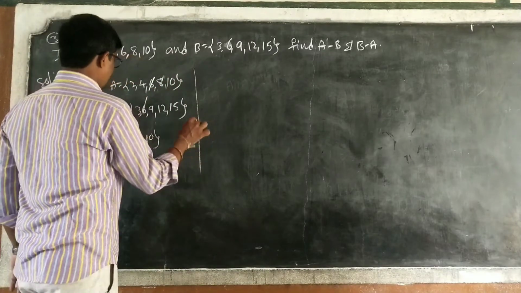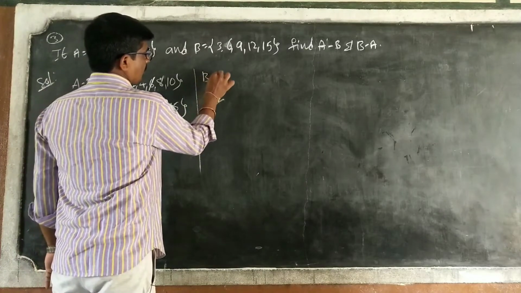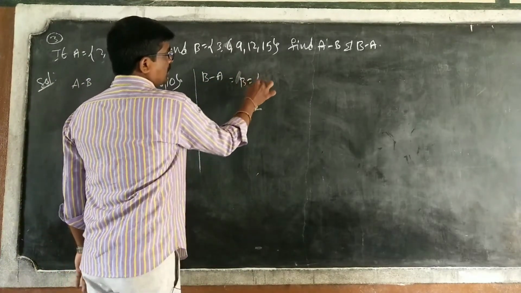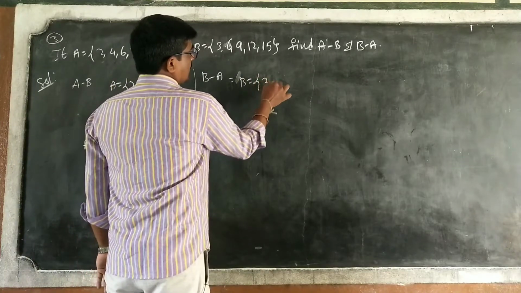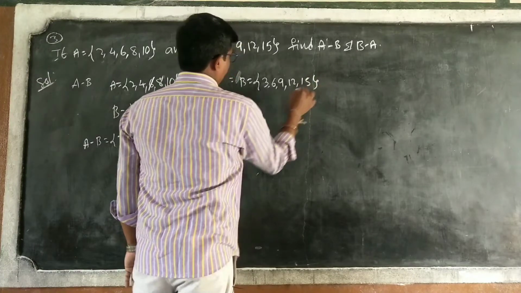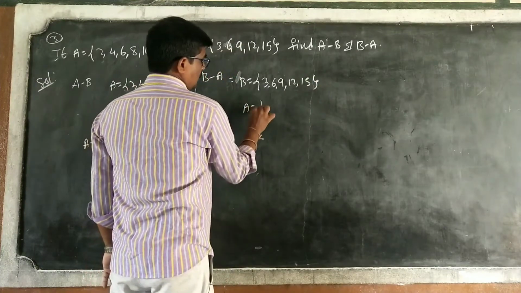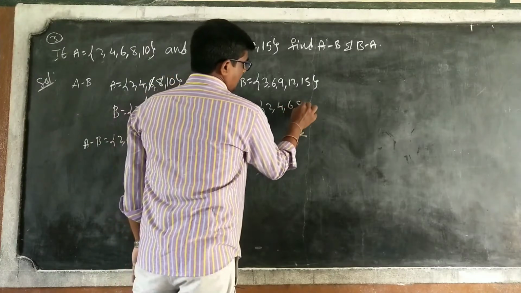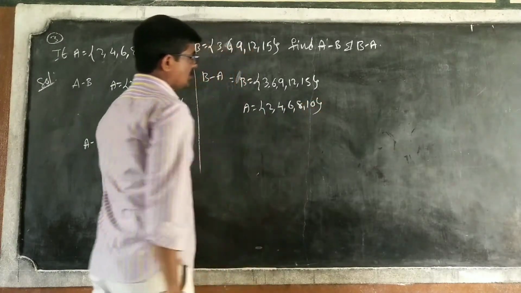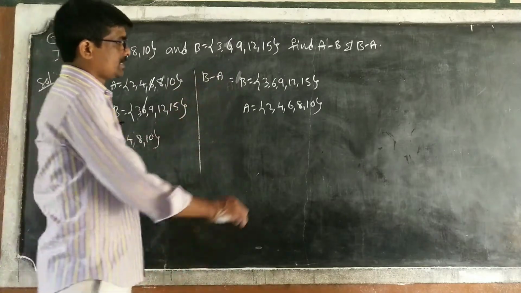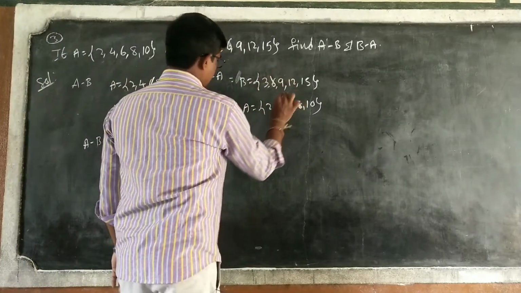Next, we have to find B minus A. As it is, B is equal to {3, 6, 9, 12, 15} and A is equal to {2, 4, 6, 8, 10}. For B minus A, we remove the common elements. The only common element is 6.